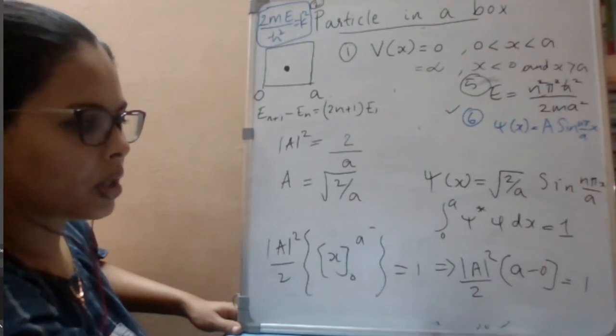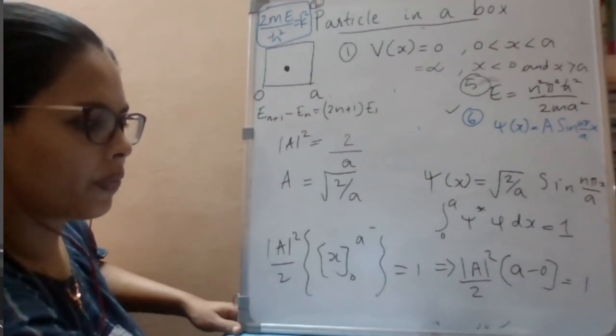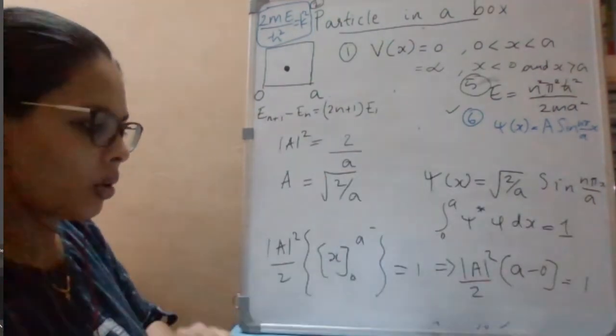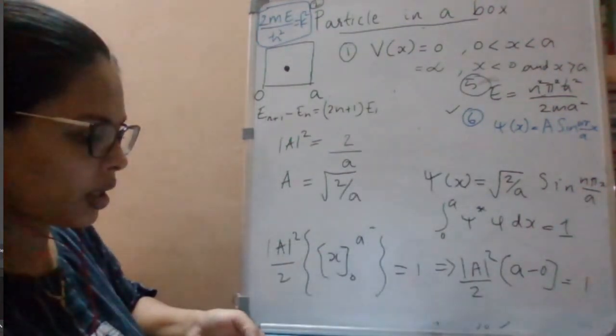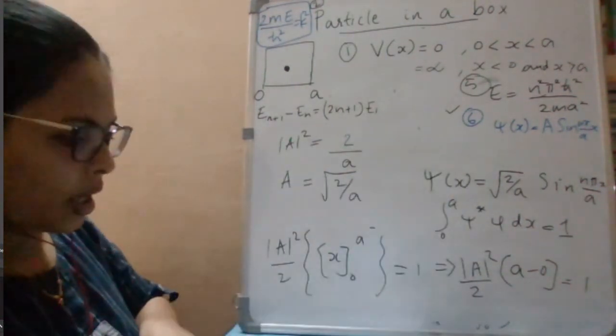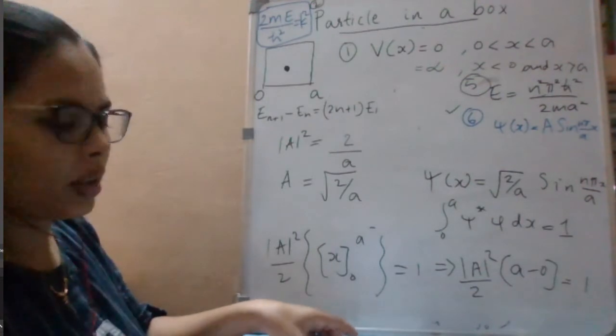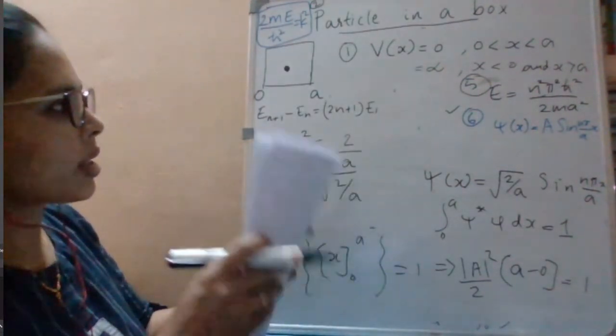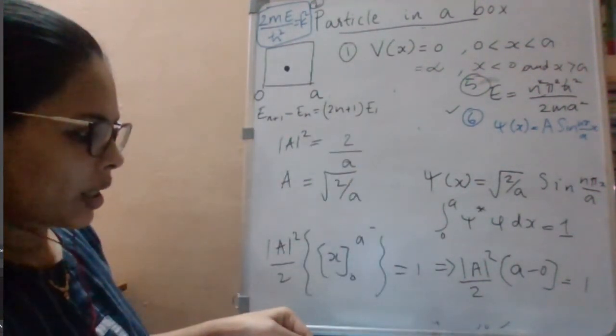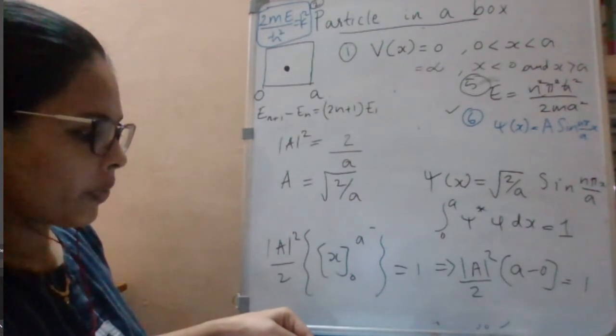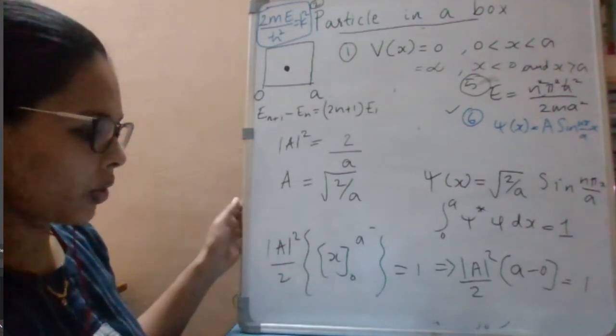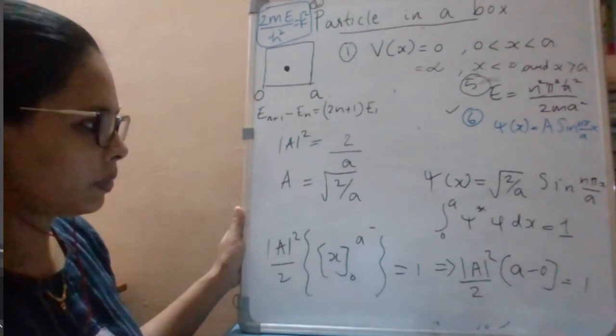Now let us also check the orthogonality. We have to check the orthogonality of our wave function. That is also asked as a problem for your examination, so let us analyze that also.